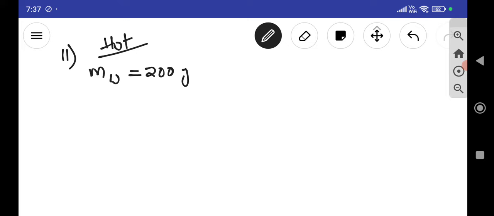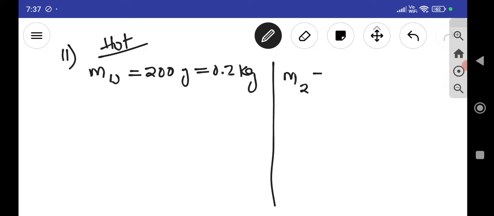Next, question number 11. Here they have given the hot condition, that is water, both water only. So 200 grams, we can convert into kg, 0.2 kg. On the other side, mass M2 you take 400 grams, we can write it as 0.4 kg.